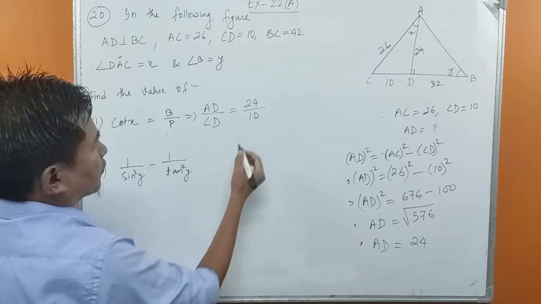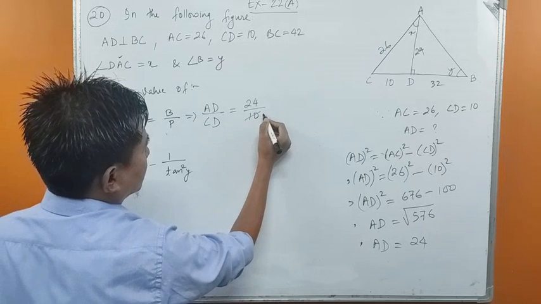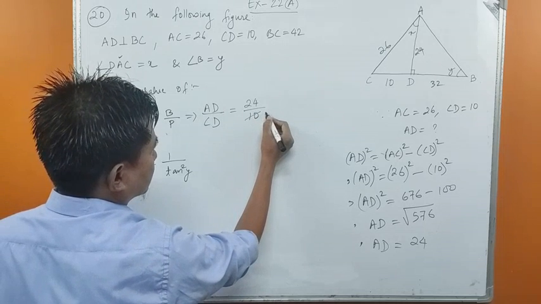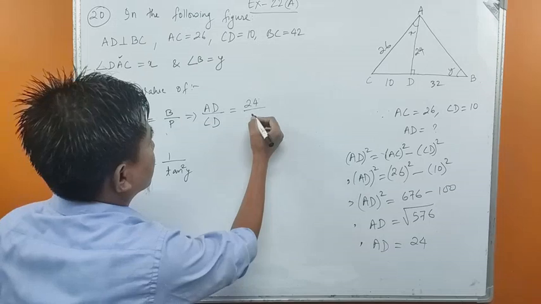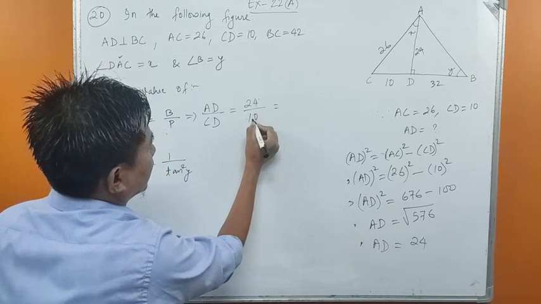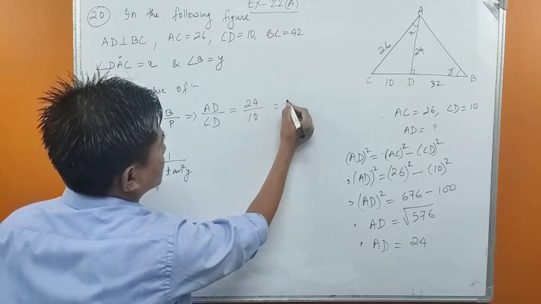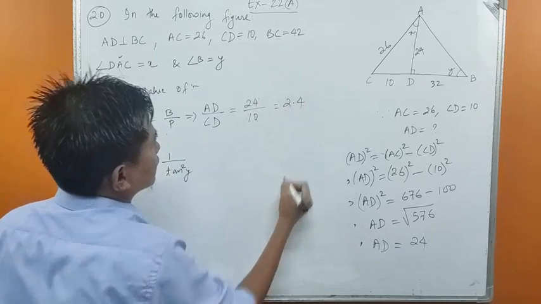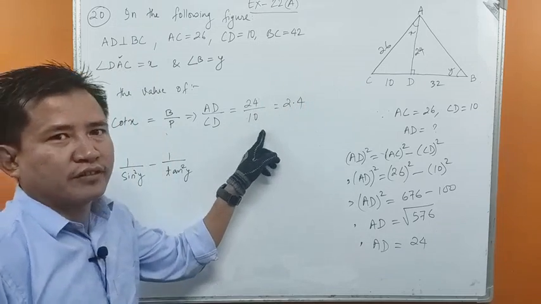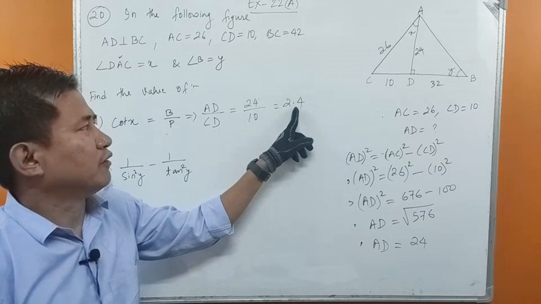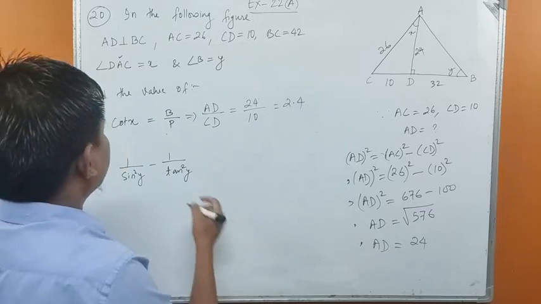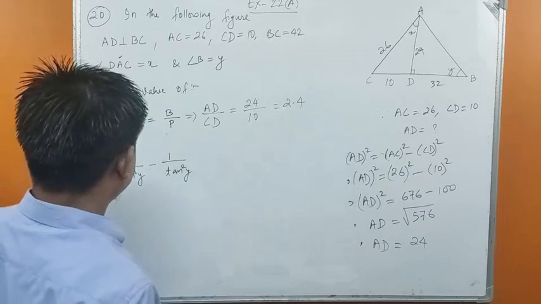This is an improper fraction, so 2 fives are 10. You can write it this way also: we eliminate the 0 and put a decimal point before one digit in the numerator. So the value of cot x is 2.4.